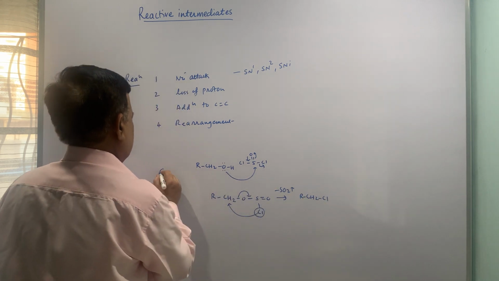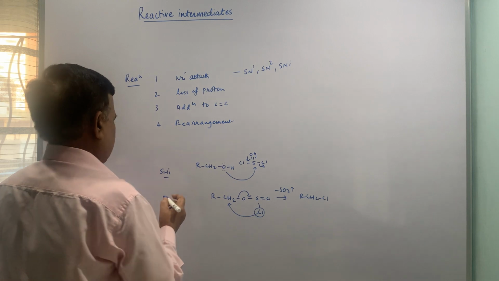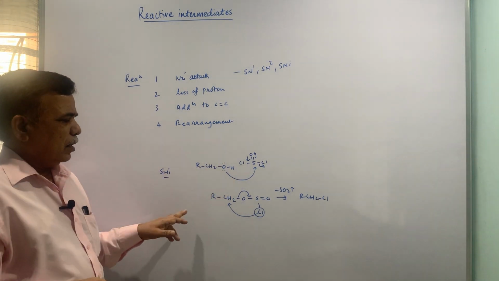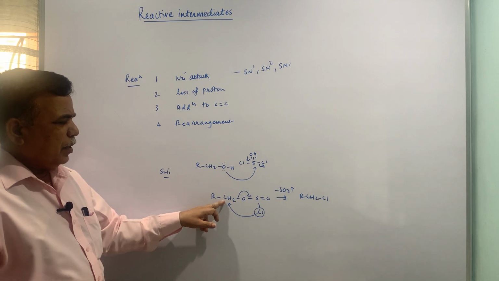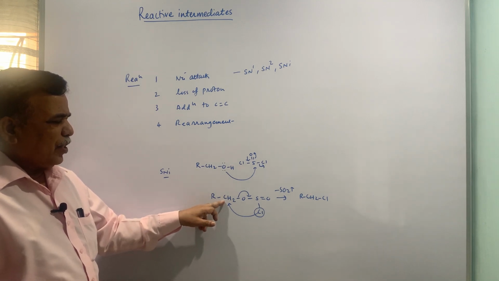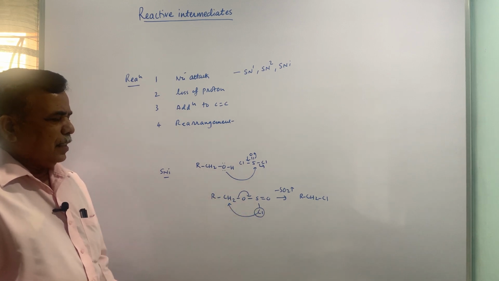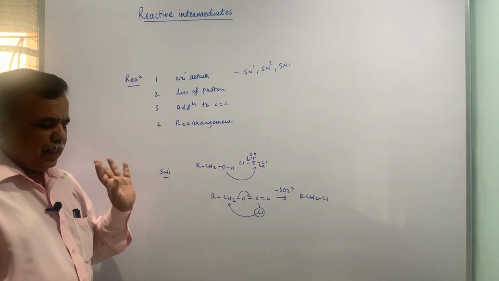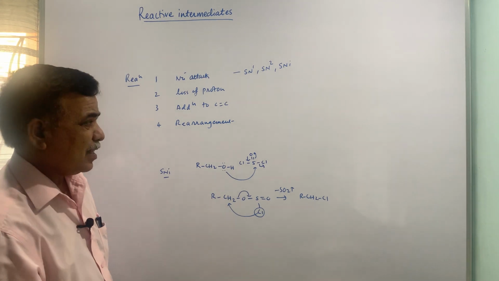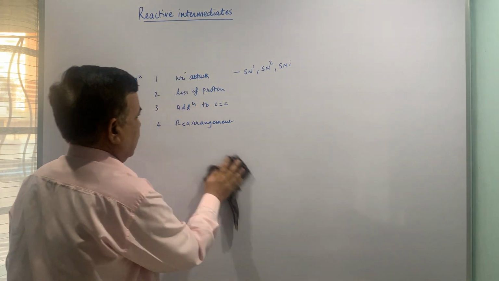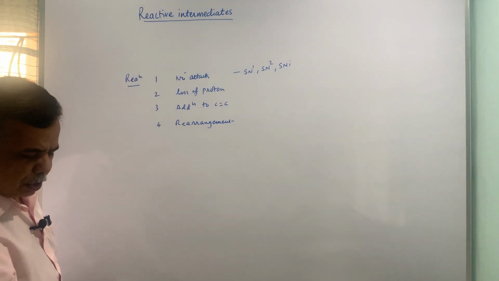So this is your classical SNi, substitution nucleophilic internal. Because this becomes electron deficient after losing sulfur dioxide, the Cl is an internal nucleophile, that's why the i suffix is there.